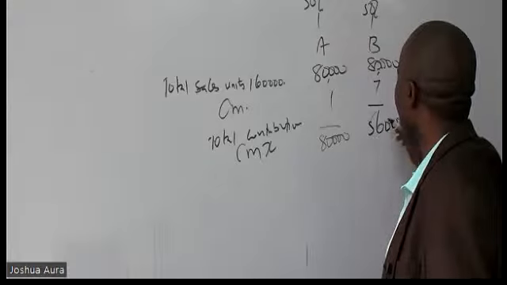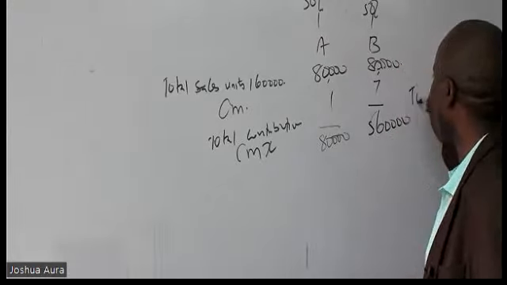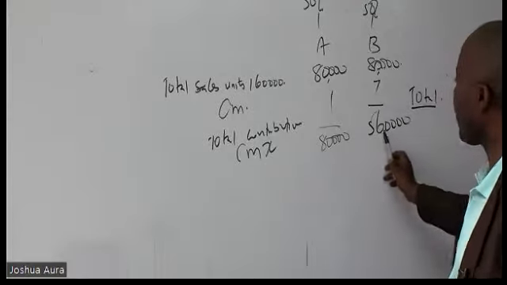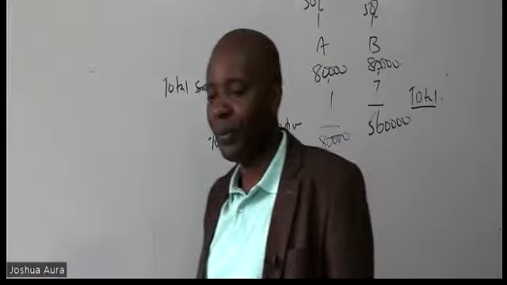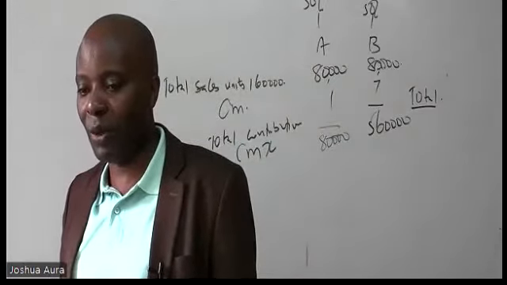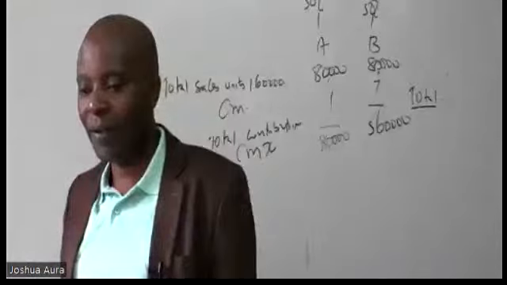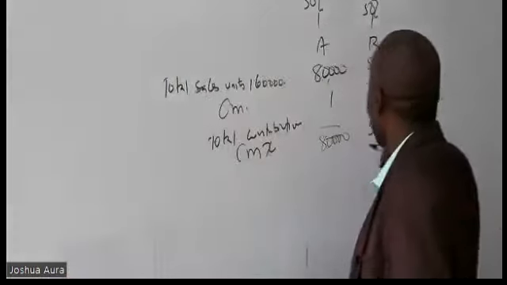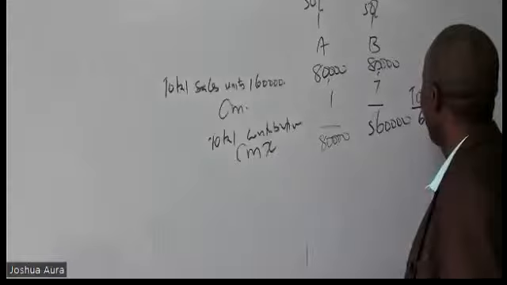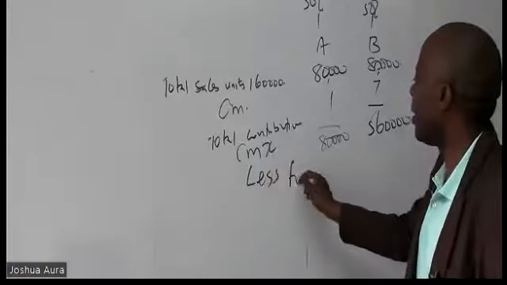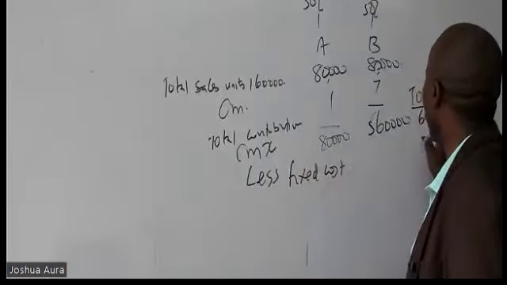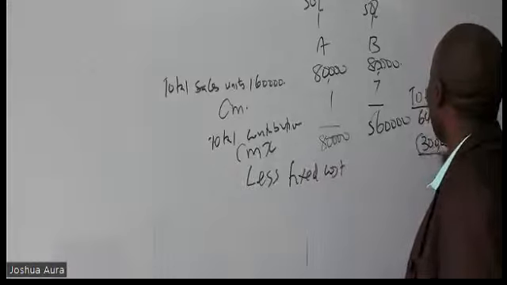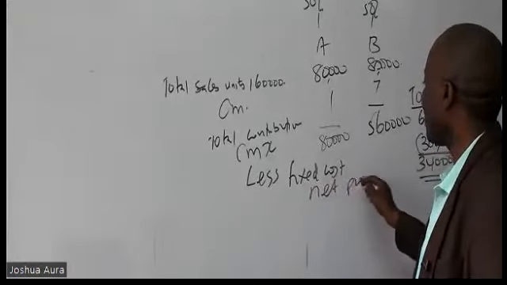So the total here, 80 plus 560, gives me what total? So this will be 640,000. Less fixed costs, 300,000. So this is the net profit.